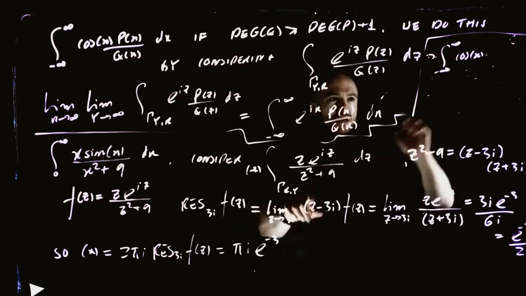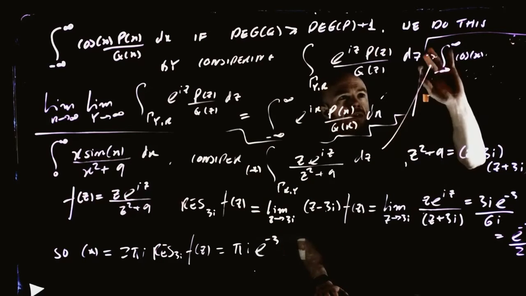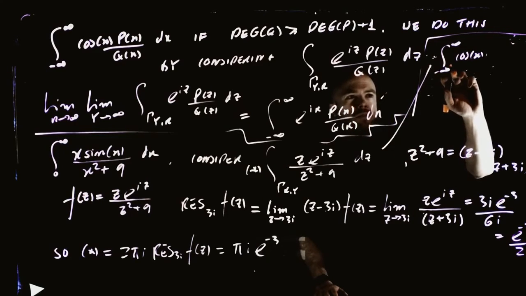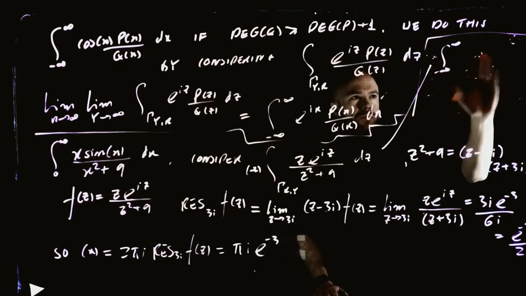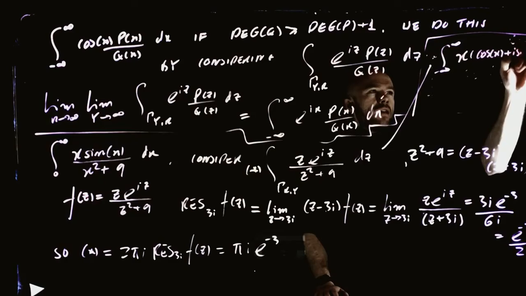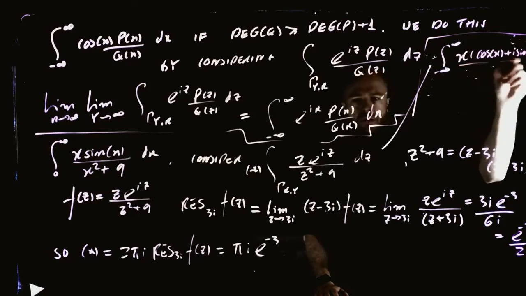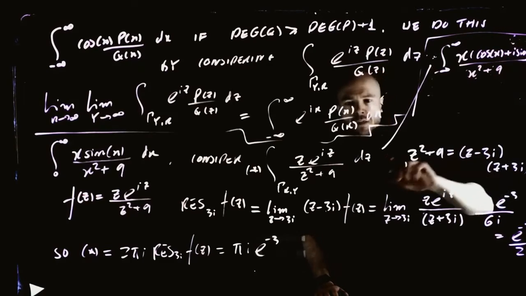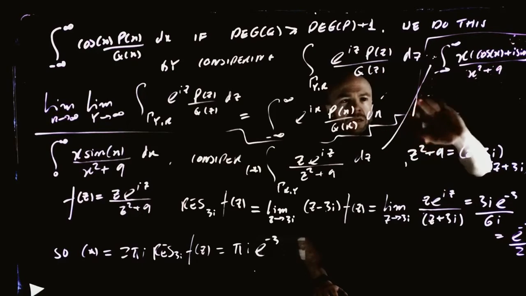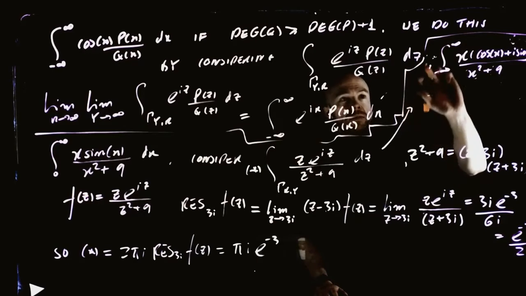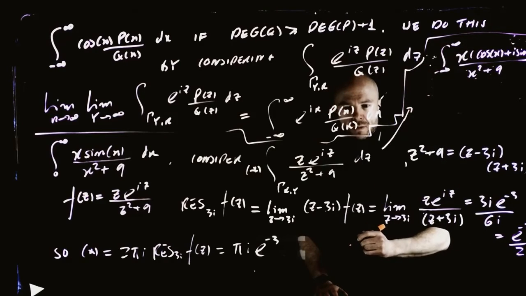So this thing in the limit goes to the integral from minus infinity to infinity of x times cosine of x plus i sine of x over x squared plus 9 dx. I definitely don't want you to think it's equal because we have to take the limit. So this thing goes to this thing in the limit.